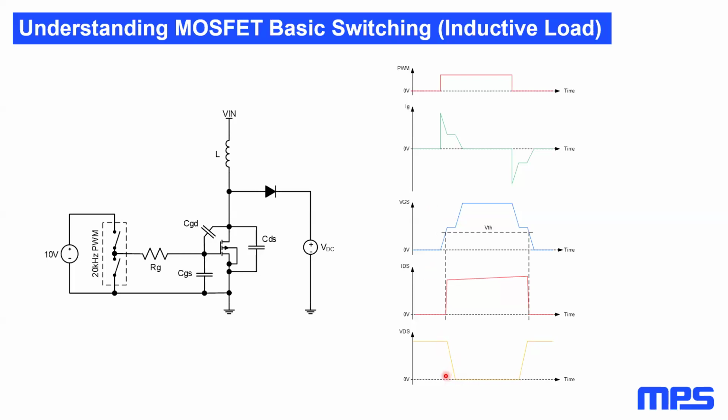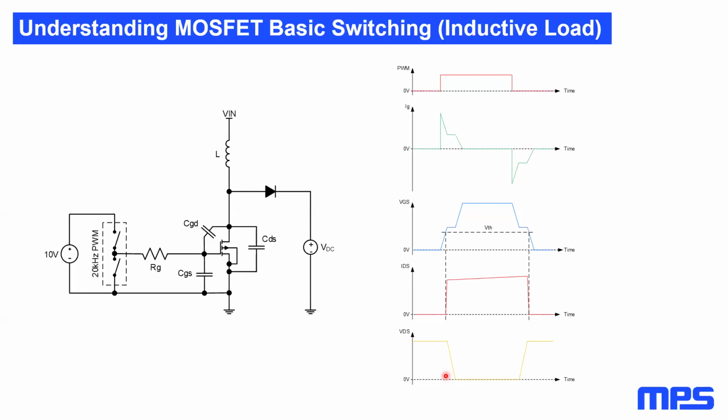While the drain voltage falls across the device, the gate to source voltage stays steady. This is the Miller region. All the gate current available from the driver is diverted to discharge the CGD capacitor to facilitate the rapid voltage change across the drain source terminal.